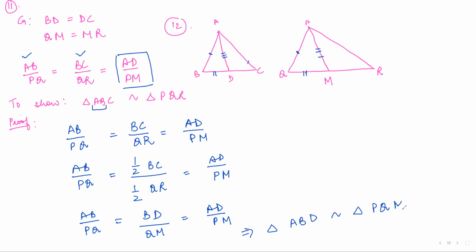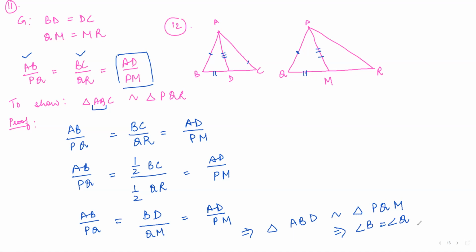Like this, I have shown the small triangles to be similar. Now, because the triangles are similar, angle B will be equal to angle Q, corresponding parts of similar triangles.